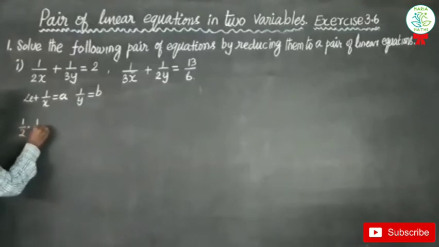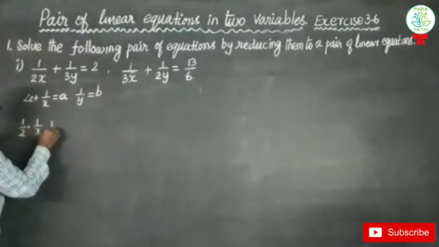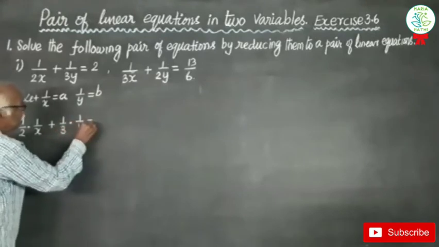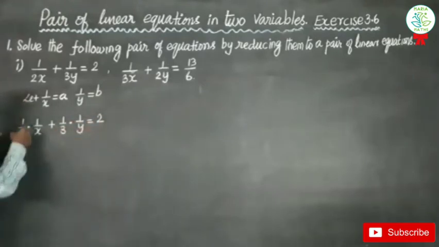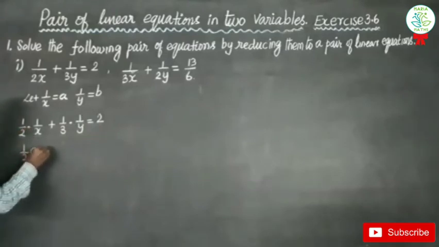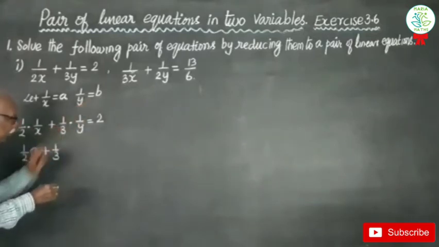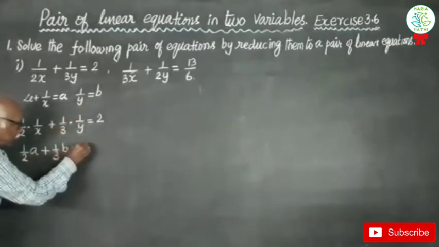1/2x is 1/2 into 1/x plus 1/3 into 1/y is equal to 2. Now writing 1/2, and 1/x as a, plus 1/3, 1/y as b, is equal to 2.